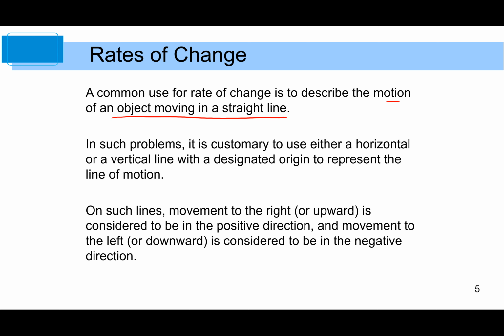Movement to the right or upward is considered the positive direction. Movement to the left or downward is considered the negative direction, and it's pretty consistent with the XY coordinate system.